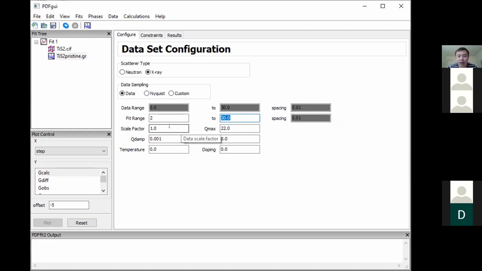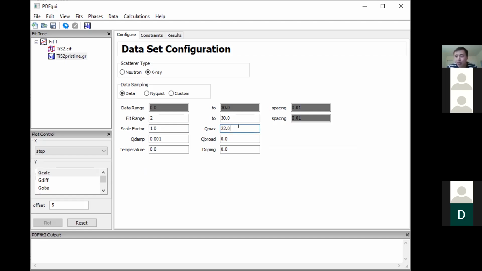Okay, the scaling factor is simply a linear relationship, like how much you want to expand or shrink your data. This is just a very simple scale. And Qmax comes from the data itself. It's basically the Qmax you used for the Fourier transform.